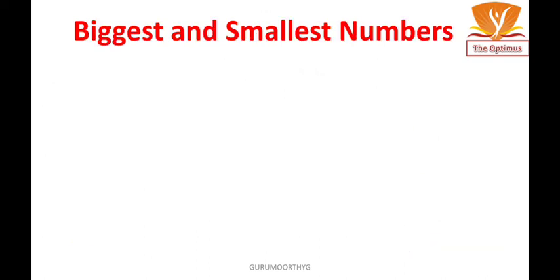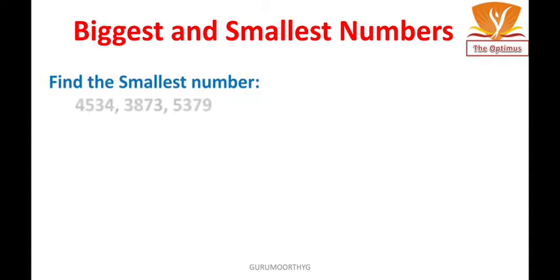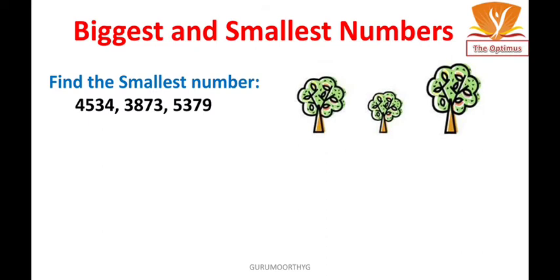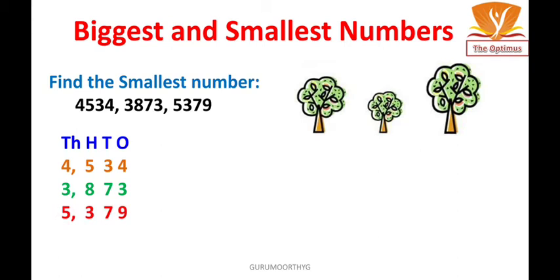Next we want to find the smallest number among the given numbers. I have taken the same three numbers here also. First we eliminate the biggest number. Again we arrange them in the place value chart. In this place value chart we have first number 4000, second number 3000 and third number 5000. So here 5000 is the bigger number.